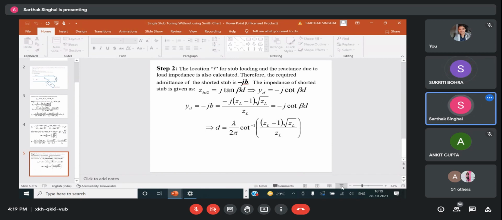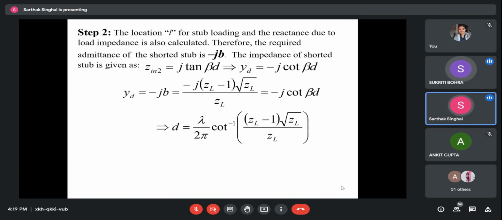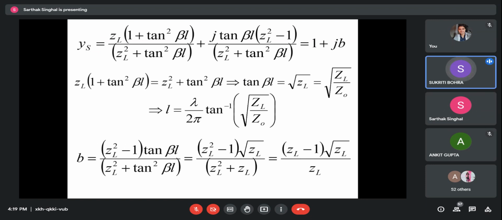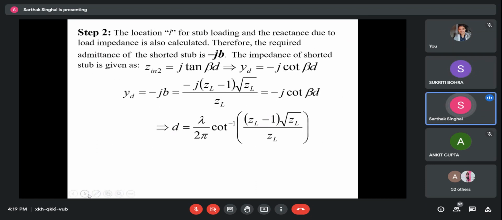So for the open, what will change? Can you tell me what Z in 2 will change to? J cot beta L, minus J cot beta L. Minus j or plus j? It will be minus J. What is the equation of z in 2 for an open circuited stub?